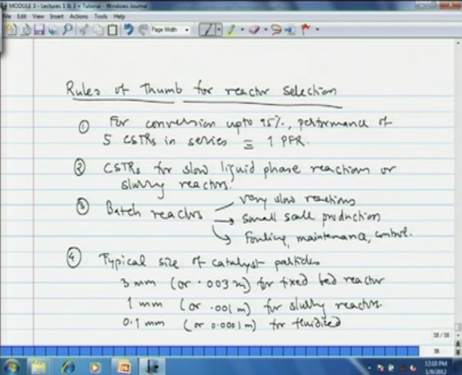Now, fluidized bed characteristics: in fluidized bed, the hydrodynamics and kinetics are very finely interwoven. If you use a larger particle size, then the terminal settling velocity increases. So the UMF, the minimum fluidization velocity, increases, and then the residence time of the reactants decreases.